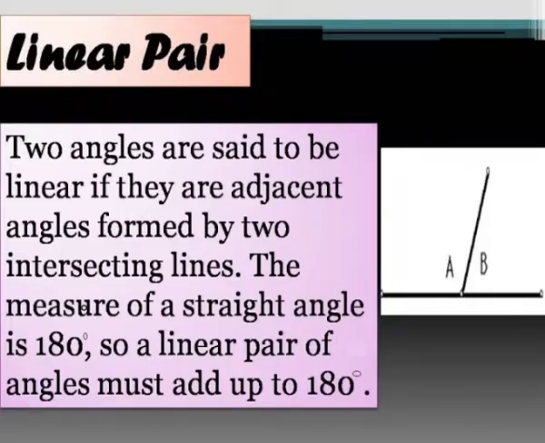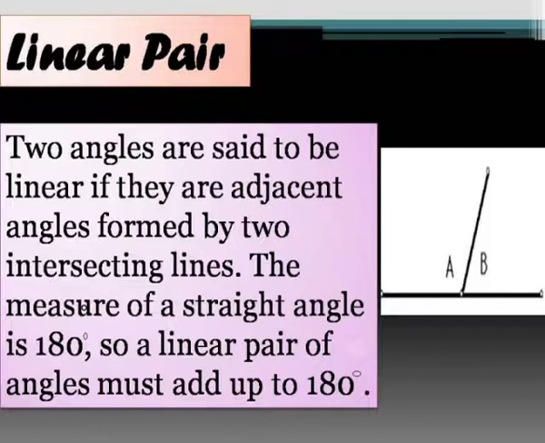Next, linear pair. A linear pair is a pair of angles whose sum is 180 degrees. Two angles are said to form a linear pair if they are adjacent angles formed by two intersecting lines. Here in this figure you can see A and B are adjacent angles, and both angles are formed by the intersection of two lines.